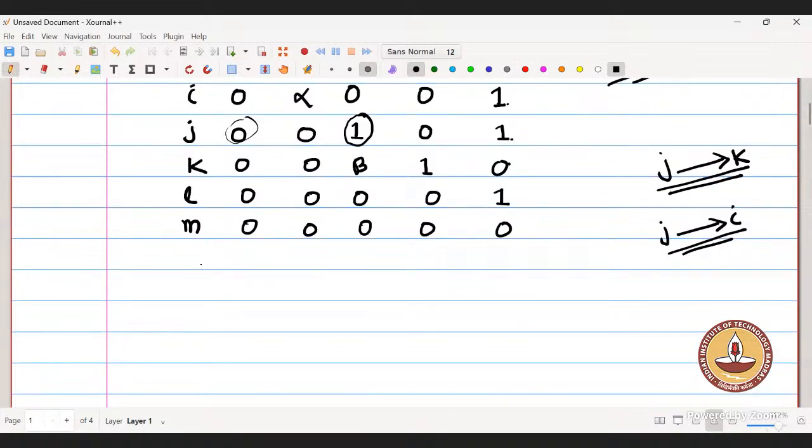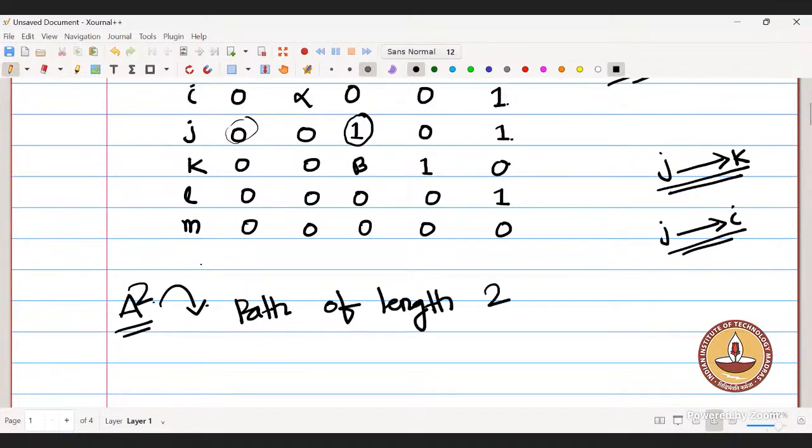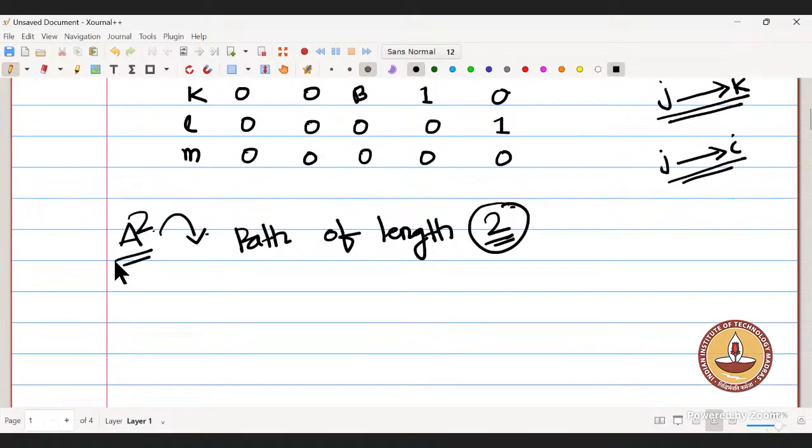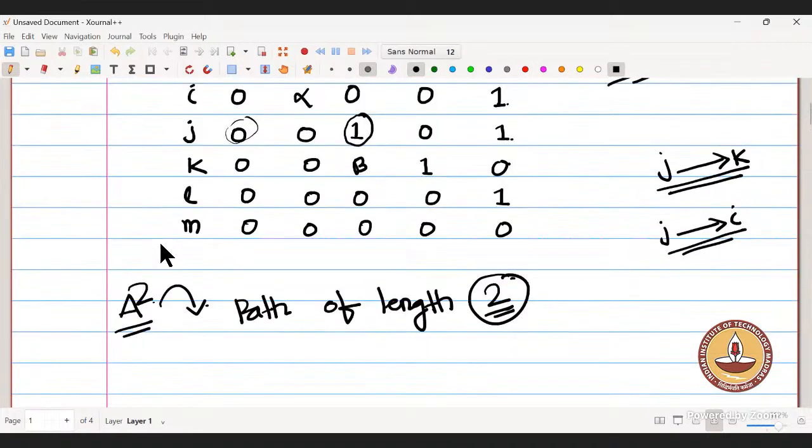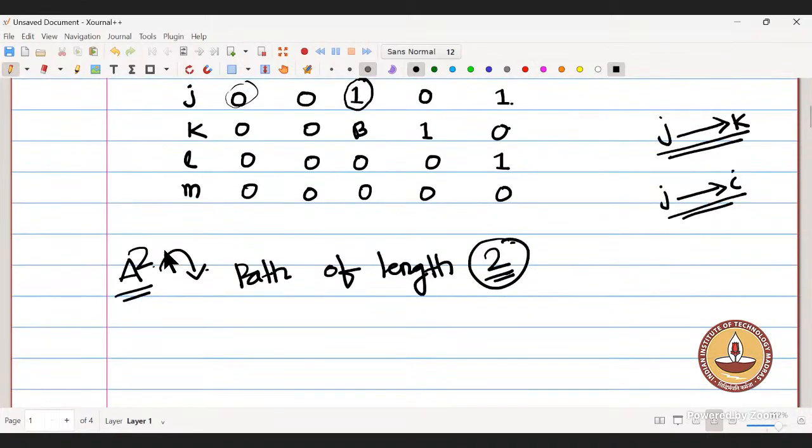So if I compute A square, this will tell me the paths of length 2, right? When computing this A square, the multiplication is slightly different. I am using a different multiplication as well as addition, with Boolean values.